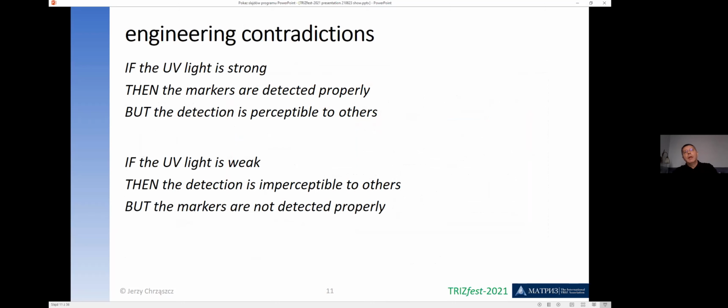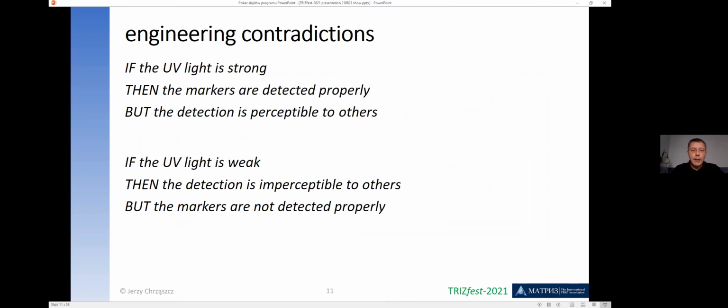In principle, the more energy the object receives from the energizing UV light, the more fluorescent light it could generate. Therefore, a strong UV light increases the marker's detectability, but it also makes the detection easily perceptible to others.